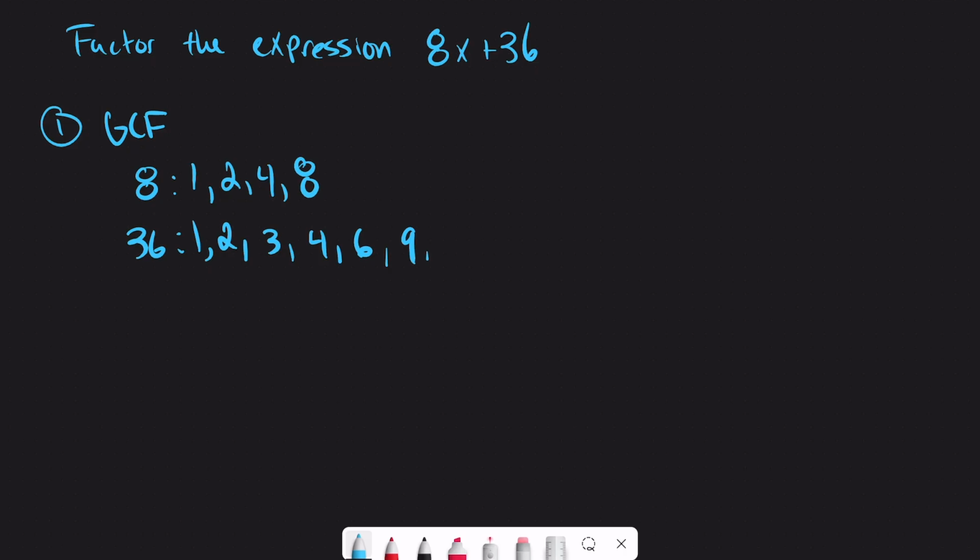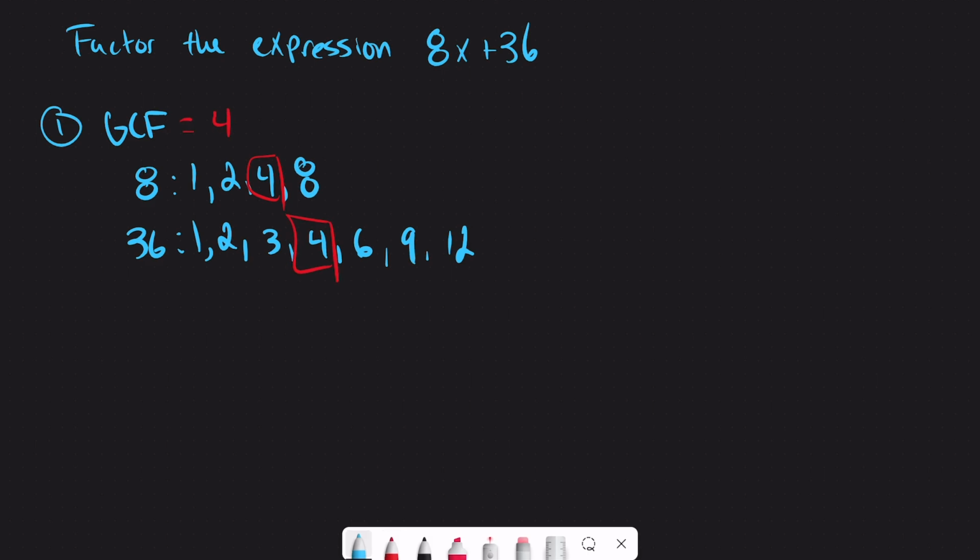With 12, of course. But we can stop there. The last one I see that's common is the actual 4 here. There's no other 8 in the factors of 36, so 4 is the last one. Don't have to keep going with the 36. So the greatest common factor is going to be 4.